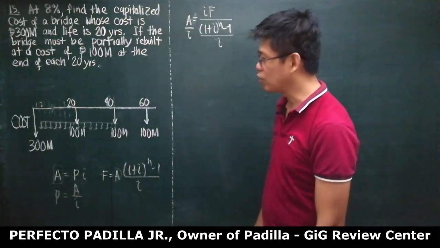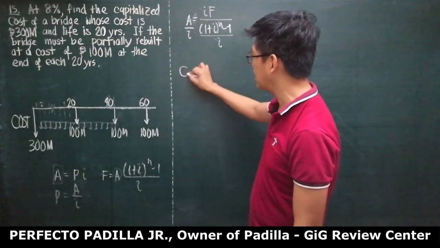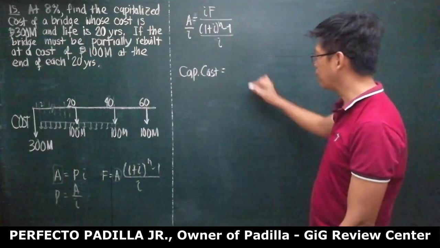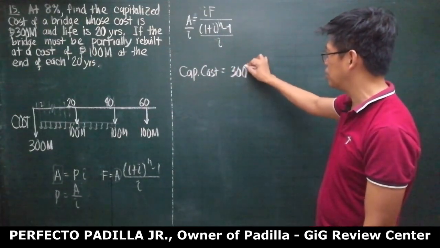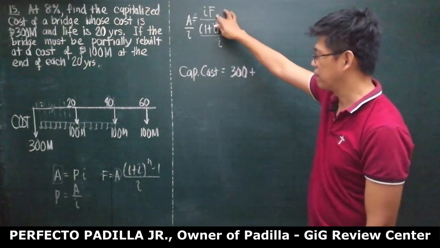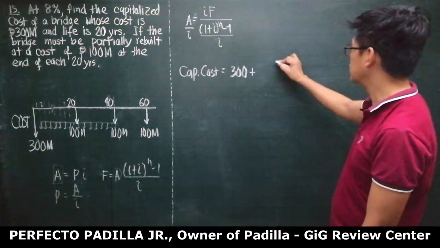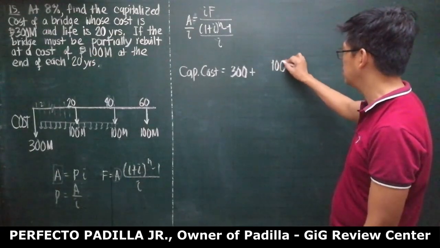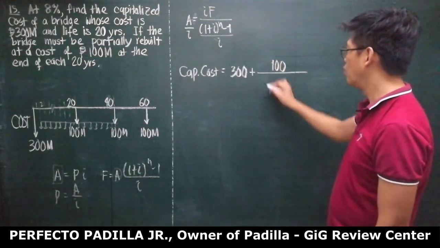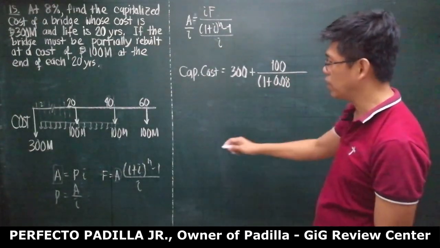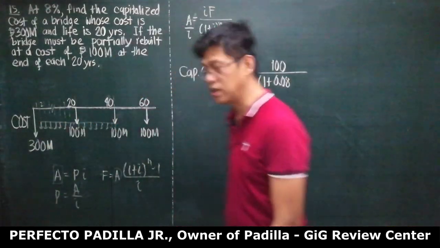So, therefore, yung total natin, yung capitalized cost, the total is going to be 300 million plus F. Yung periodic. So, that is 100 million over 1 plus I, 0.08 raised to N. Ito is every 20 years, no?